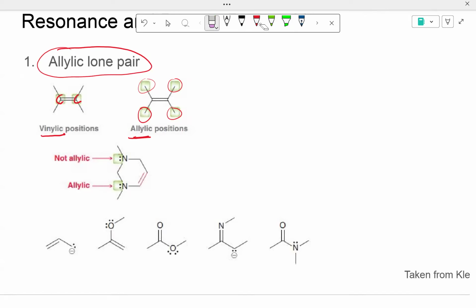But this nitrogen, the second one here, is in an allylic position because I have that carbon-carbon double bond, and the first atom outside of that is allylic. So I can do stuff with that allylic lone pair. I can take that and move that like this.